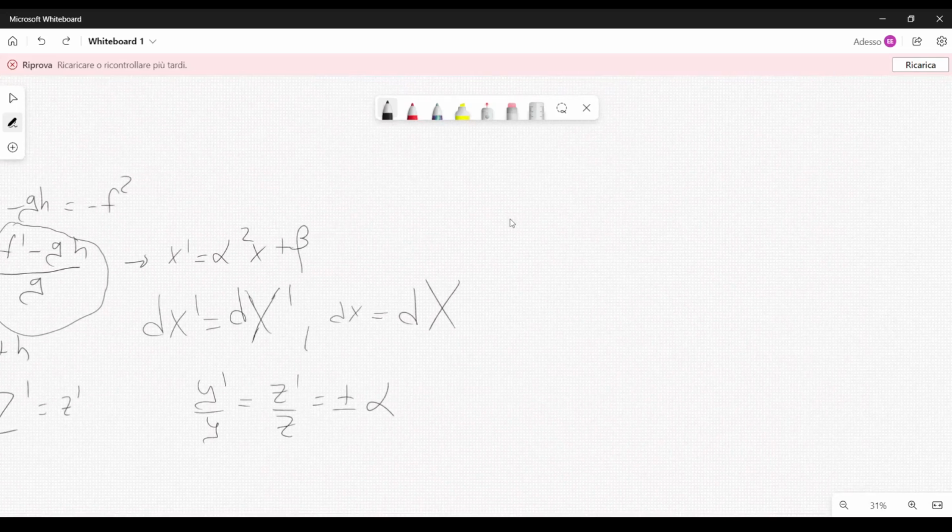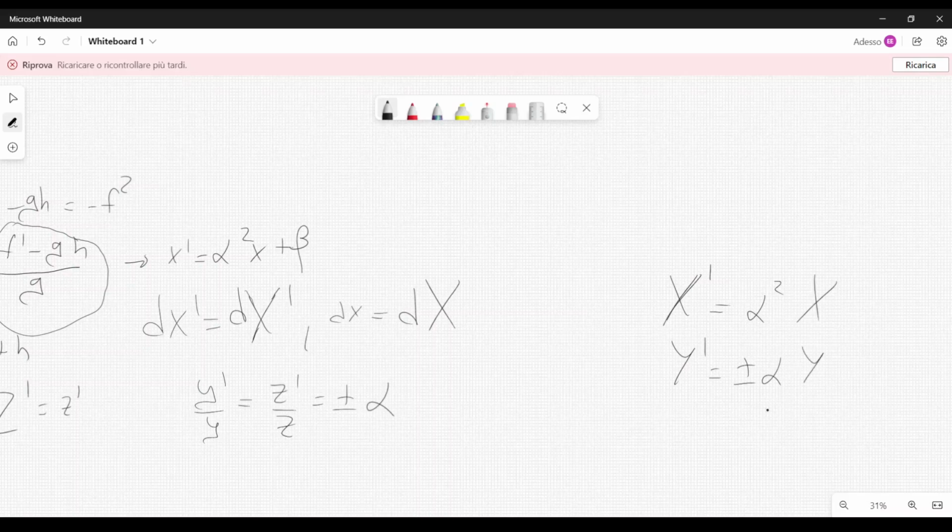Finally, again, measuring the coordinates x and x prime from different origins, namely from some arbitrary point on the axis and from the image of this point, respectively, we finally obtain the equations of image formation in the simple form: capital X prime equal to alpha squared capital X, and then we get y prime equal to plus or minus alpha capital Y, capital Z prime is equal to plus or minus alpha capital Z. So in this case, when lowercase x is equal to 0, we know that lowercase x prime is equal to beta.